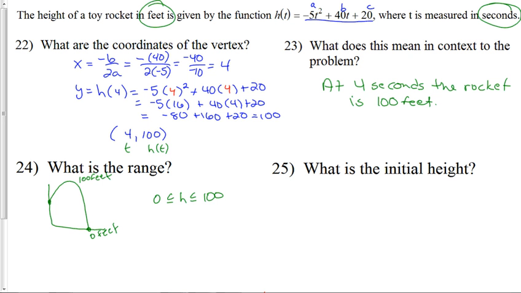The initial height is where time is equal to 0. So we're trying to find h of 0. And this ends up being the y-intercept because t is 0. If you need to work it out, that's okay. 0 squared, 0 times 5, 0. 40 times 0 is 0. You end up with 20 feet.